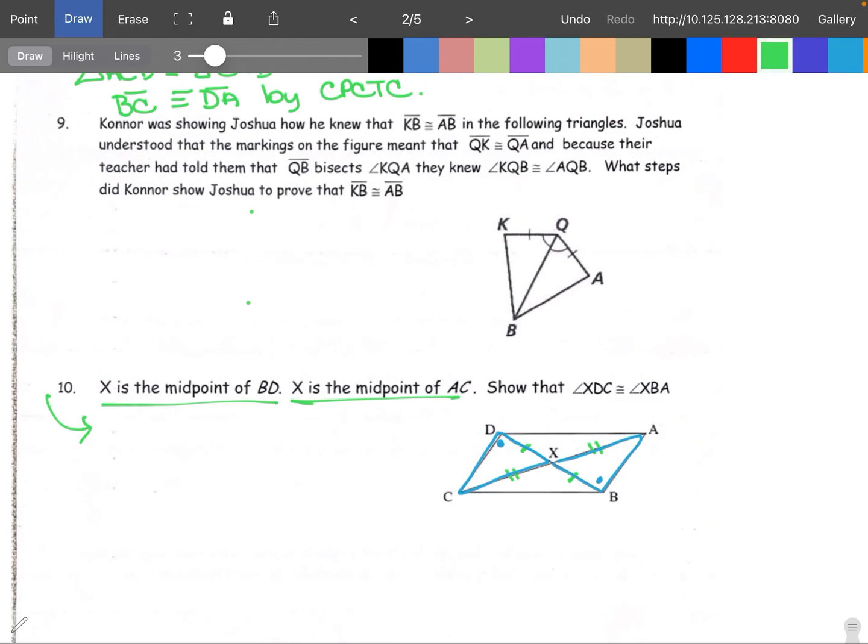So I need another angle because I cannot prove that XDC and XBA are congruent yet. But I do know that these are congruent here. So angle DXC is congruent to angle BXA because vertical angles are congruent.